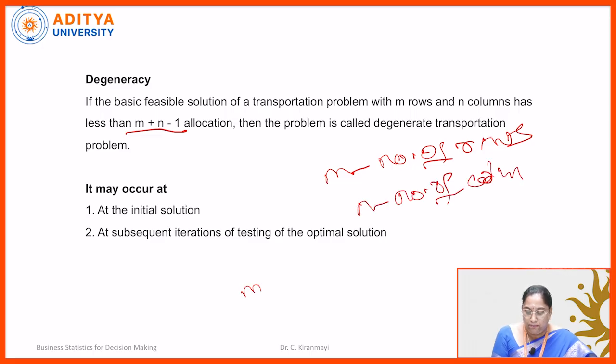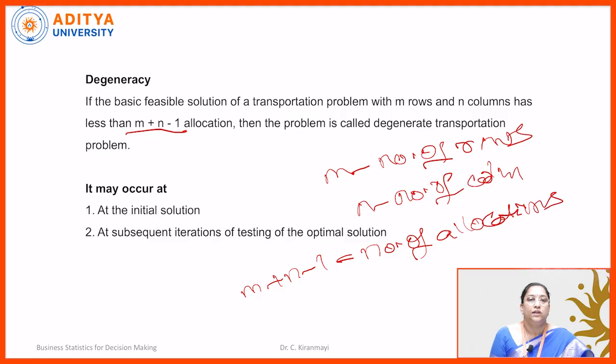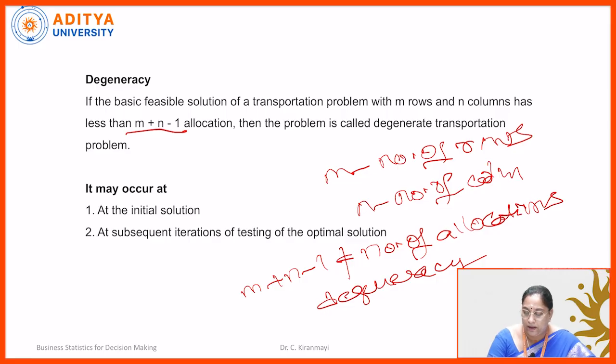If m plus n minus 1 is equal to the number of allocations, then the solution is non-degenerate. If m plus n minus 1 is not equal to the number of allocations, then the solution is degenerate, or it is a case of degeneracy.